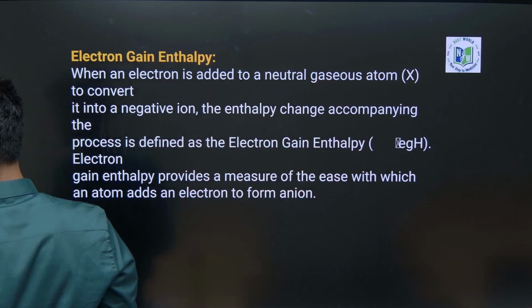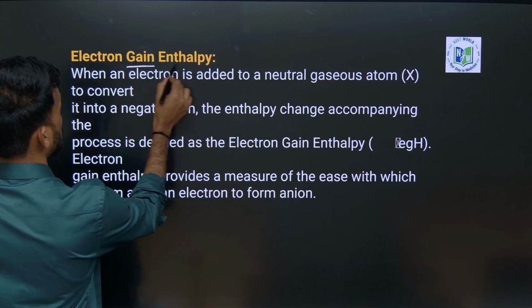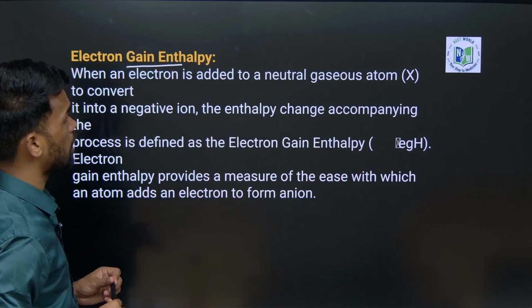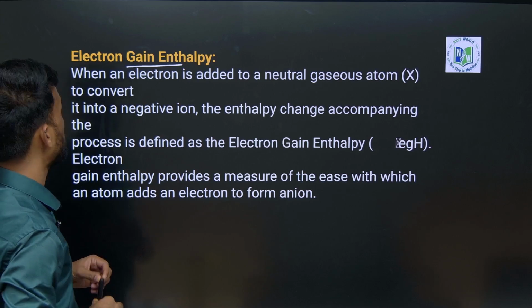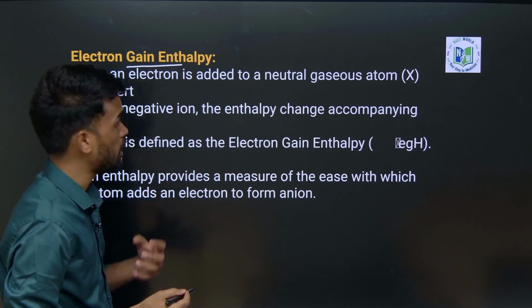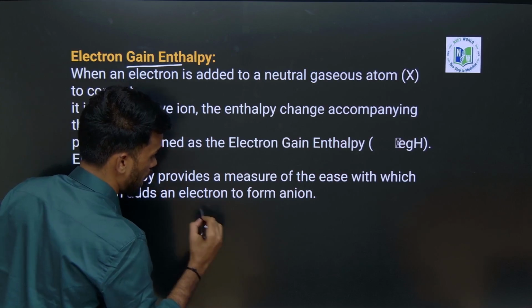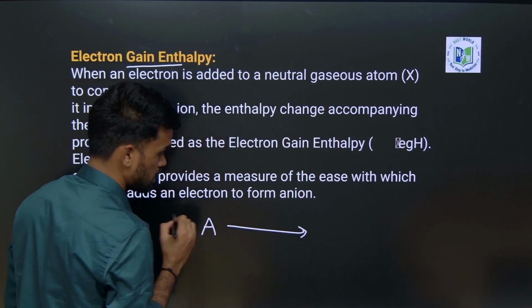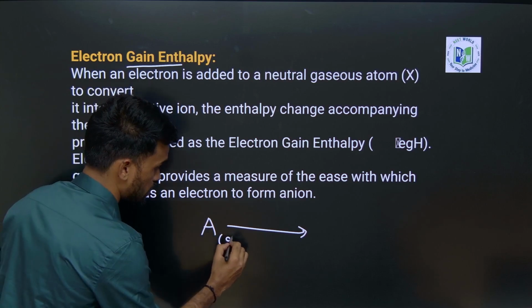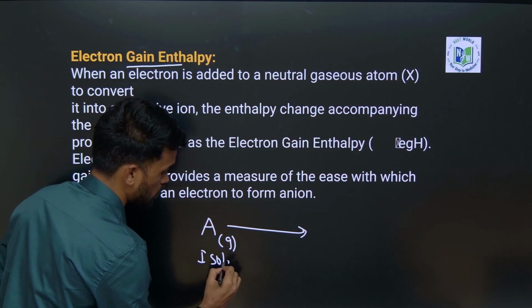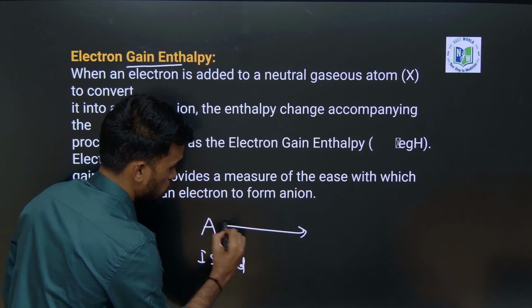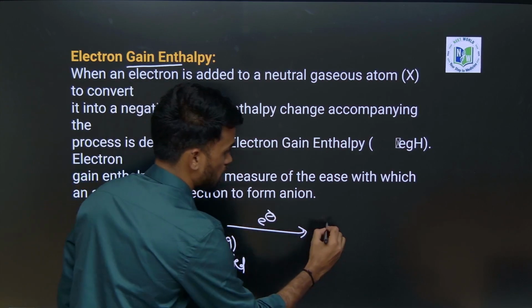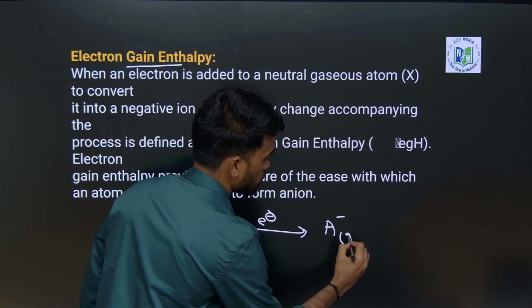So the next thing is electron gain enthalpy. So what do we need to know about electron gain enthalpy? The name itself says it. Let us have an atom A, a gaseous atom which is isolated. If I add one electron, it will become A minus, which should also be in gaseous state.